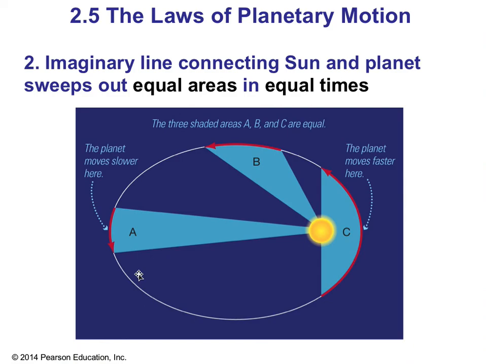The second law indicated that there are imaginary lines that connect the Sun and the planet's location as it goes in its orbit.